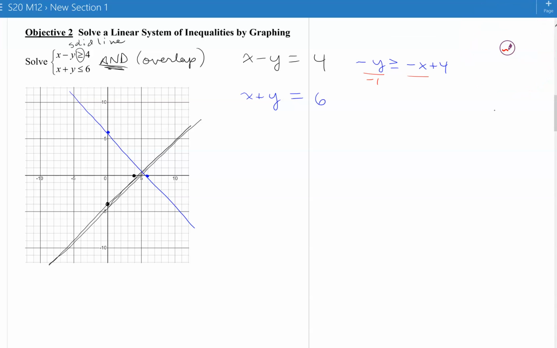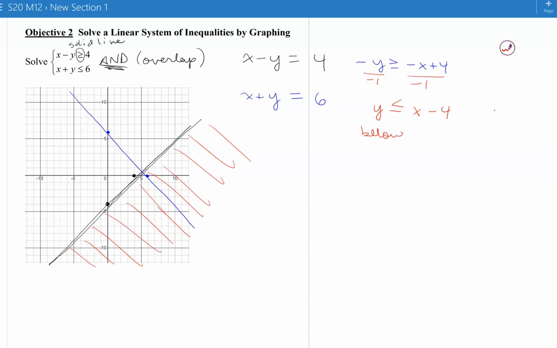Then if I divide by -1, the inequality reverses, and I get y is less than or equal to x minus 4. So I know I shade below this line. Or you can test (0, 0) and see that you get a false statement.